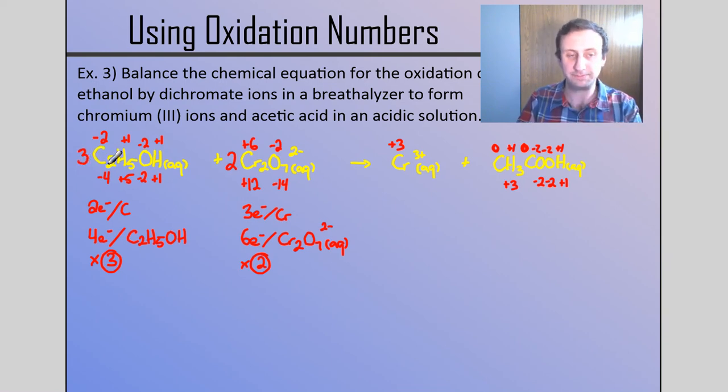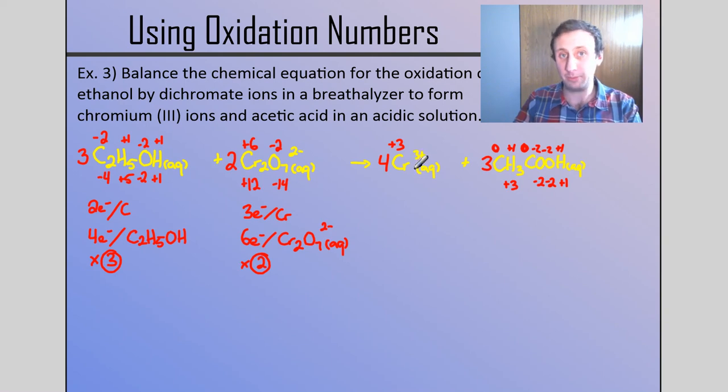So now I have 3 times 2 is 6 carbons, so I'm going to put a 3 here to get 6 carbons, right? 2 times 3 is 6. I have 2 times 2 is 4 chromiums, so I'll put a 4 here in front of Cr3+ to get 4 chromiums. Now I'm looking at oxygen.